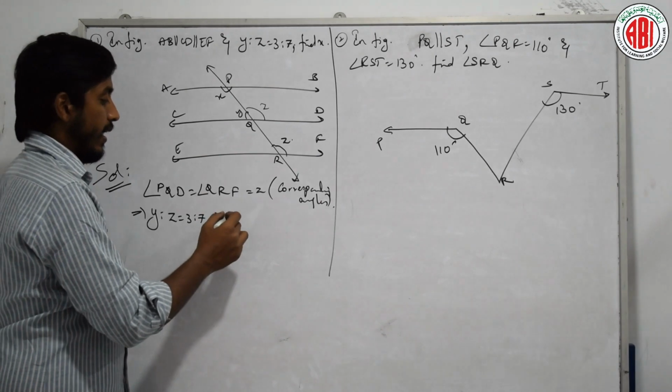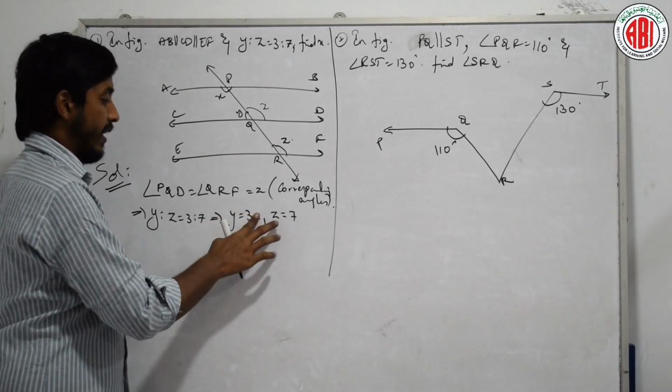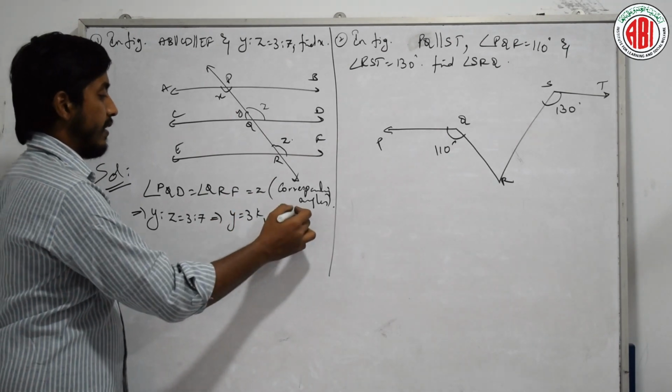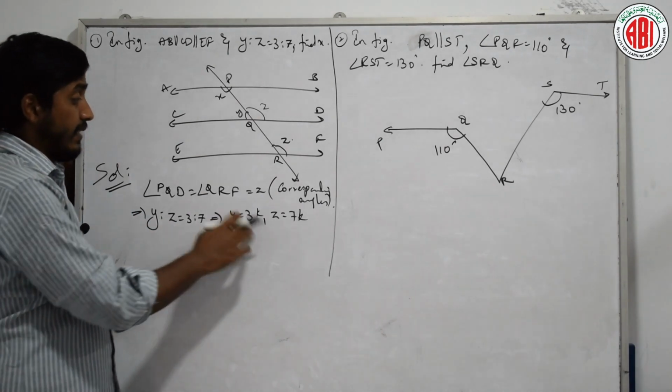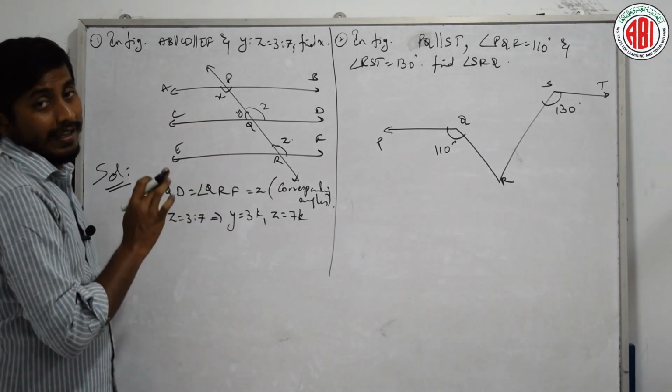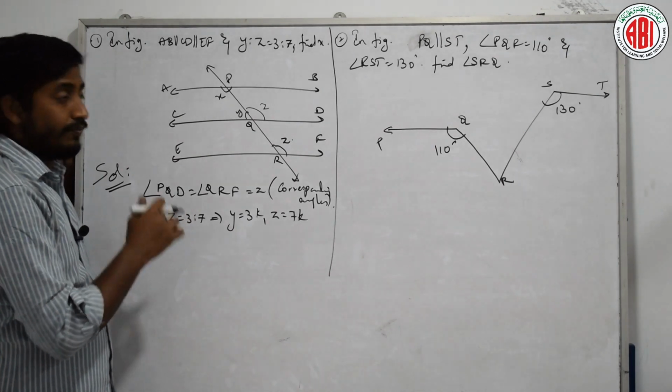Given Y is to Z is 3:7. From that, can I write Y as 3k, Z as 7k, some constant. Since x is already there, we are taking k. Is it clear?